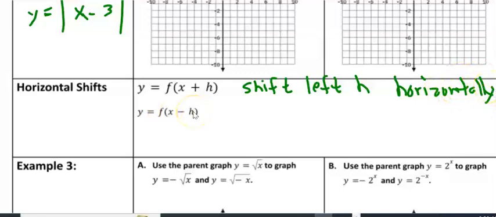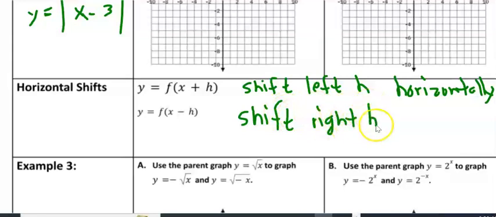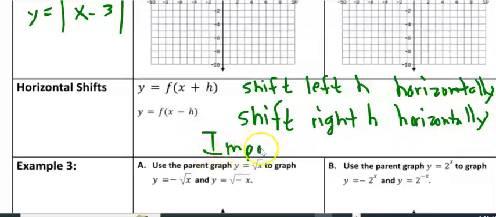X minus h means you're going to shift which way? Right h horizontally. It's an imposter, isn't it? Imposter syndrome. Okay?